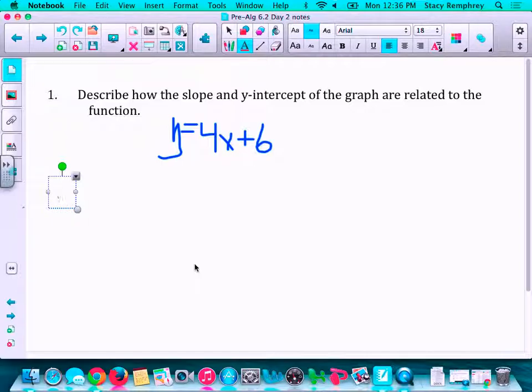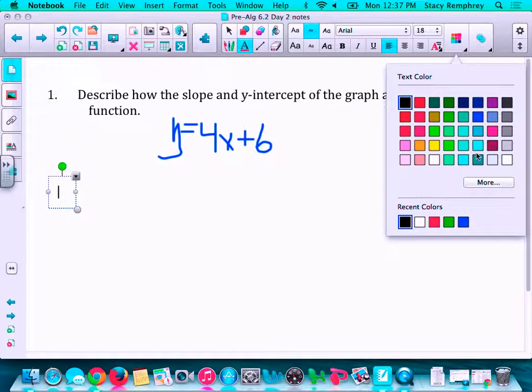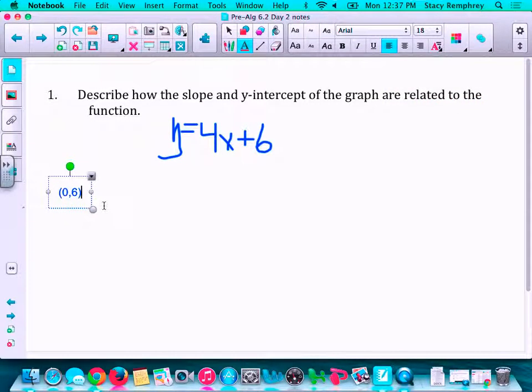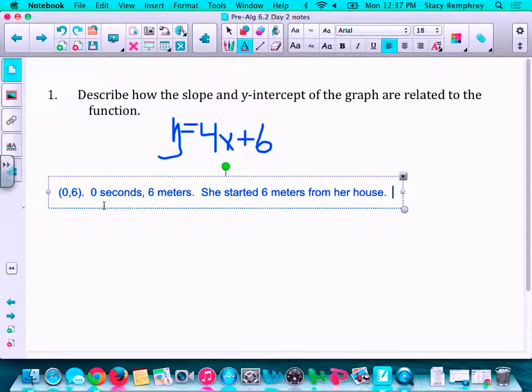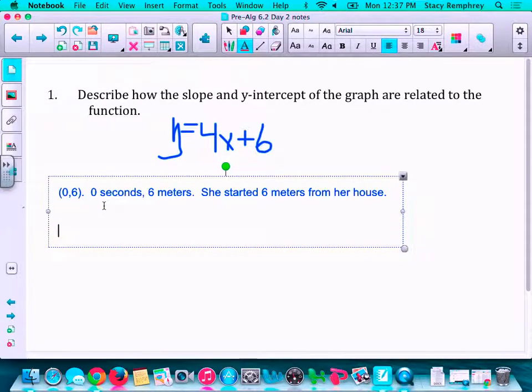This means, so this was our y-intercept. Sorry. Our y-intercept is (0, 6), which means 0 seconds, 6 meters. She started 6 meters from her house. Because at time 0, which is when she started, she was 6 meters away.